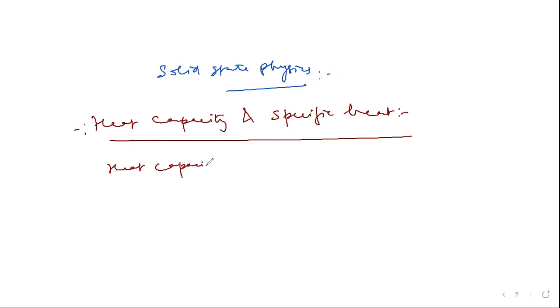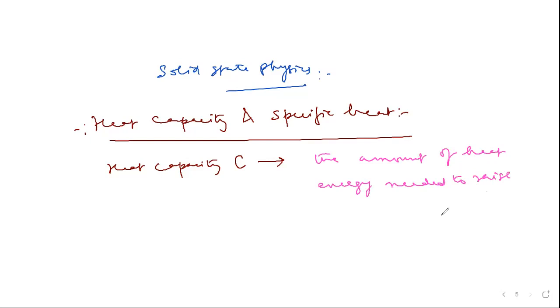Heat capacity is denoted by C. It is defined as the amount of heat energy needed to raise the temperature of a body by 1 degree.